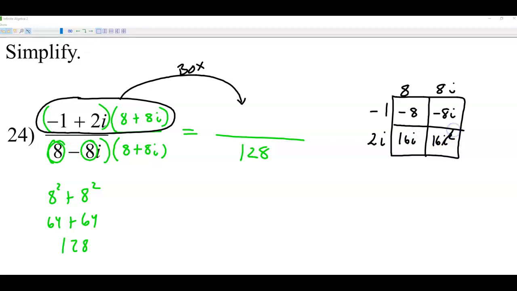The i squared makes that a negative 16. Then we're going to combine the real numbers together, and then we're going to combine the imaginary numbers together. And so that would be my numerator.